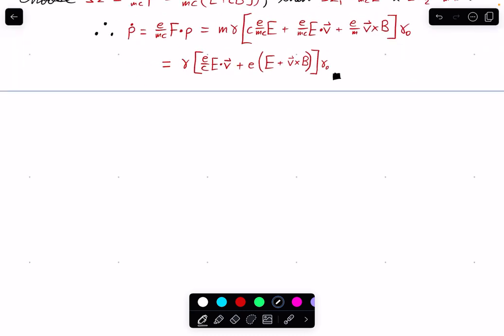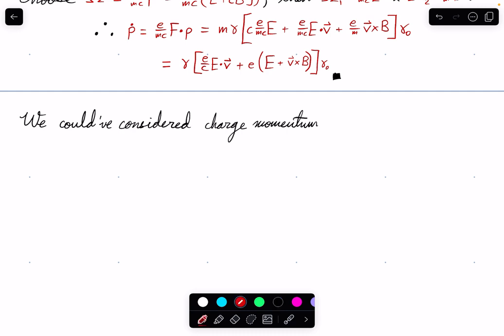We could have considered charge momentum. It's a good letter for charge momentum.